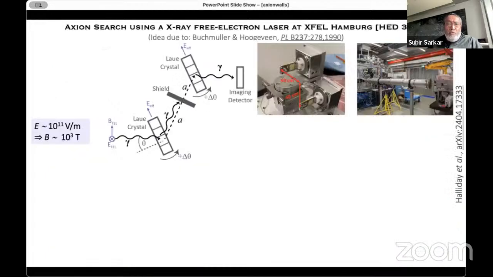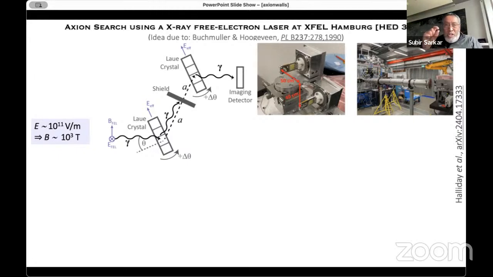In the event, we settled on the idea that had been proposed by Wilfried Buchmüller and Hugo Vogel, which was to use, rather than a large magnet, which is expensive, a little crystal, because a crystal has a very strong electric field in the lattice, and the equivalent magnetic field can be of order 1,000 Tesla.